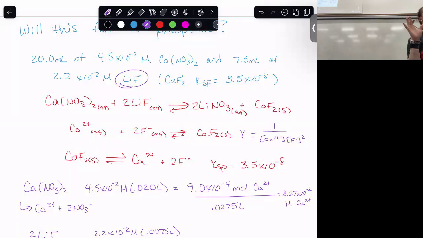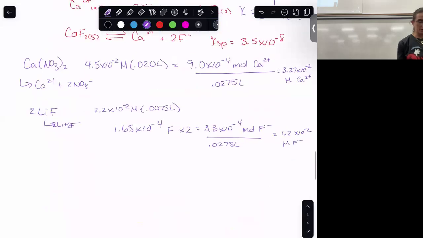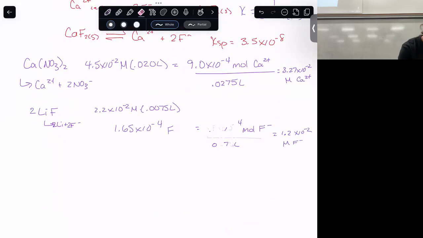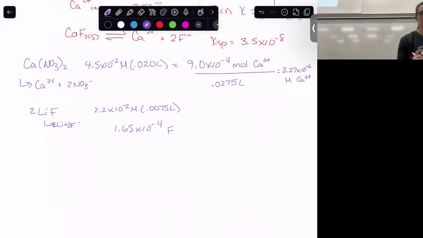You need to find how many moles of fluorine you have. So you don't have to multiply it by 2. That's going to screw you up later on. We'll take the 2 into account when we start solving for KSP. So you don't need 2 here. This is just lithium and fluorine.